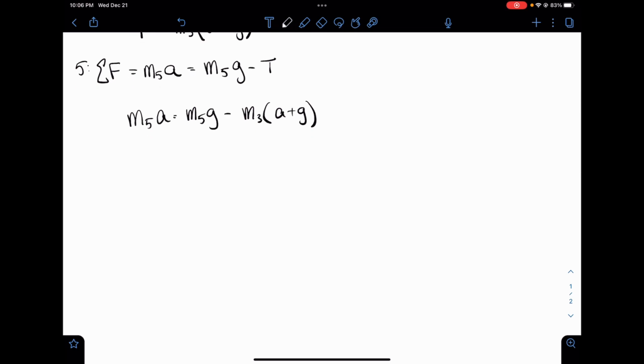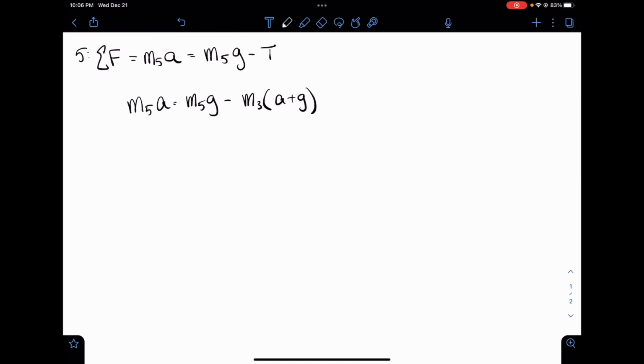So I'm going to multiply this side out, factor it out, and then bring like accelerations to one side of the equation. So I have m5a plus m3a equals m5g minus m3g.